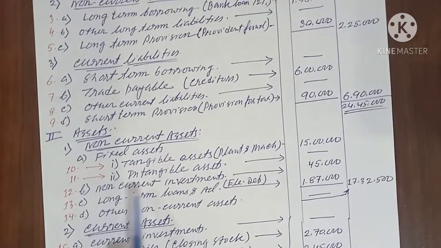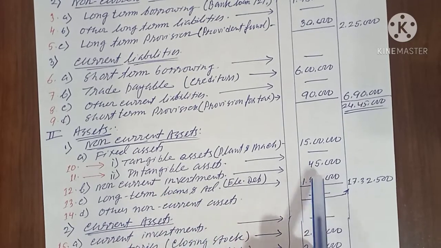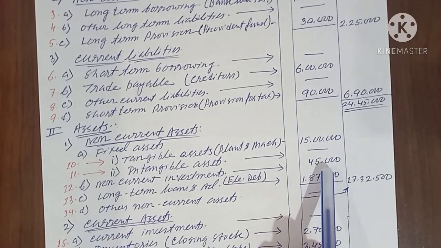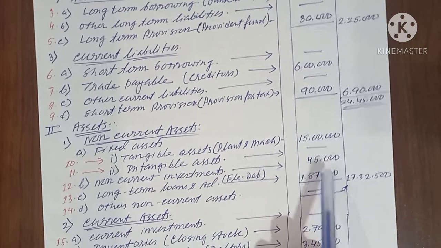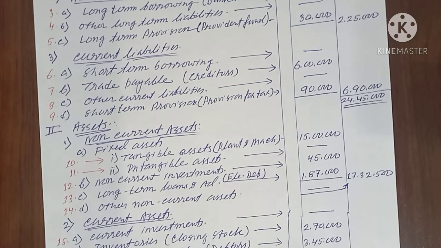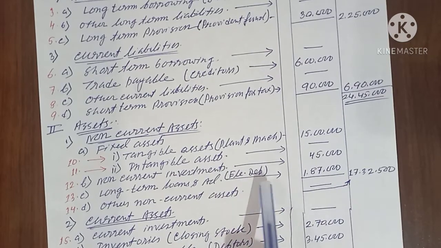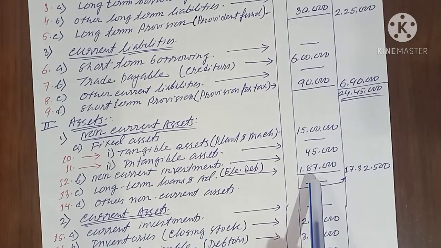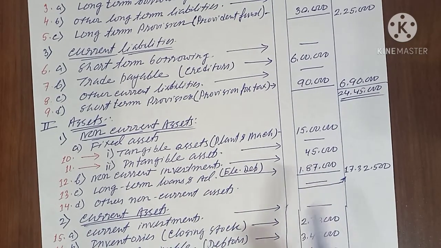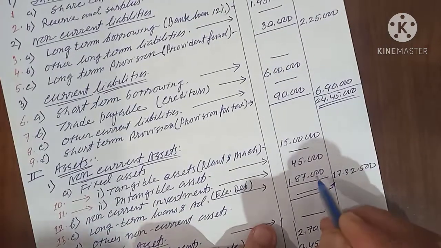This one item is given, non-current investment of rupees 45,000. Next is coming electricity deposit. Long term loans and advances. It is assets. Electricity deposit of 1,87,500.